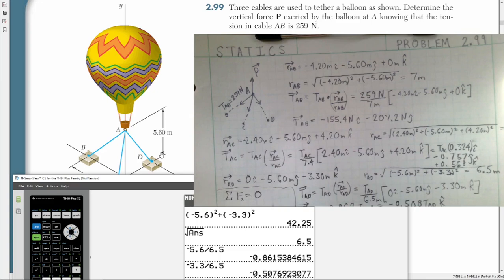So our summation of force in the x direction is going to tell us, let's separate this previous work from what we're doing now. This is all summation of forces, in the x, or the i hat, same thing.